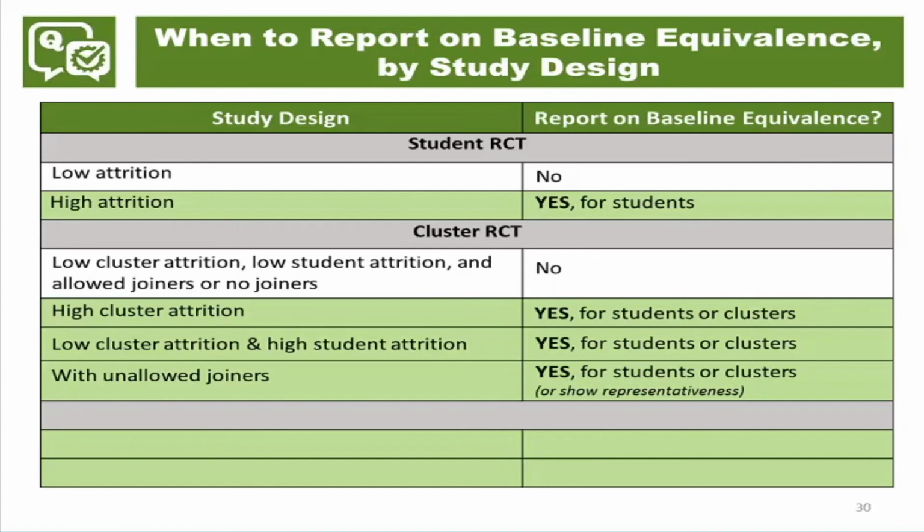Although in this particular situation, it would be possible for the study not to establish baseline equivalence, but to show evidence of representativeness, which we'll talk about in a little bit. That would be an alternative to baseline equivalence for that one design.